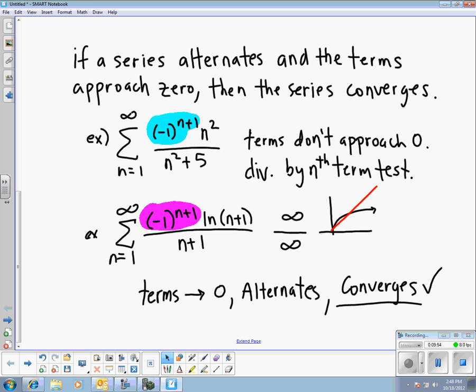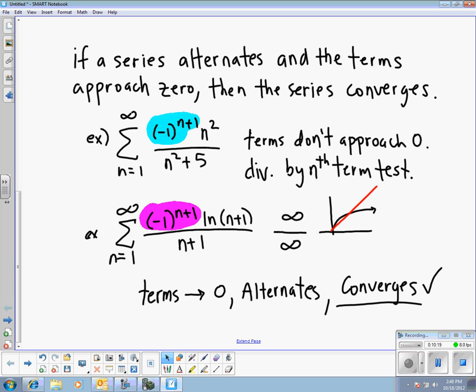So the thought process you can have in your mind is the terms go to zero, it alternates, it converges. You're not going to, in an AP situation, have to prove this or explain it in much more depth. So for that reason, I'm not going to ask you to explain it in much more depth. You need three pieces of this answer. The terms go to zero, the terms alternate, it converges. All right? So that's the test.